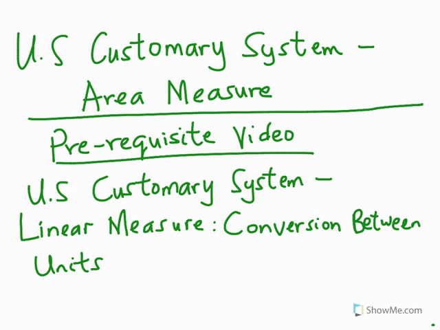But area, because it's two dimensions, whereby we have to multiply two dimensions, we now have feet squared, or you can say square feet, or inches squared, or square inches. Because it is a multiplication of two dimensions, that's why it's now squared. Okay, so let's begin.